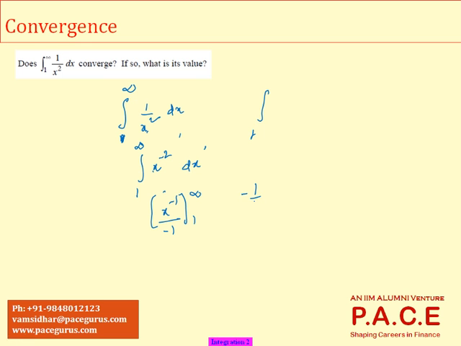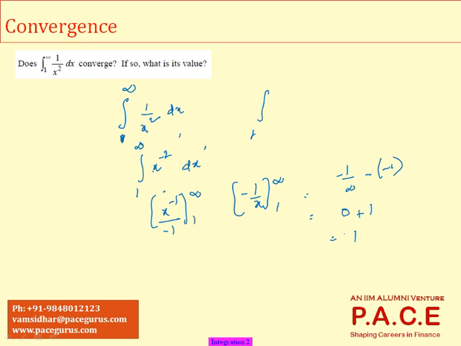Now you substitute infinite as well as 1, right? So minus 1 by x, I substitute infinite as well as 1. What is it giving? Minus 1 by infinity, minus of minus 1. So how much is it coming out to? Minus 1 by infinity will be 0 plus 1.